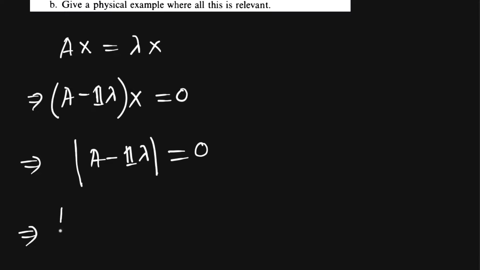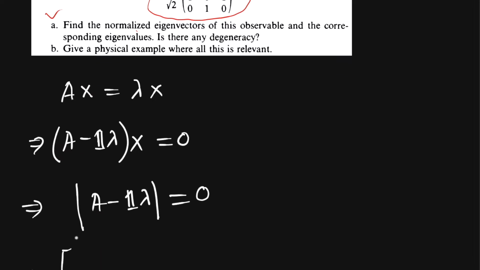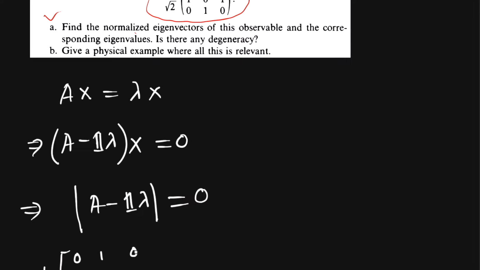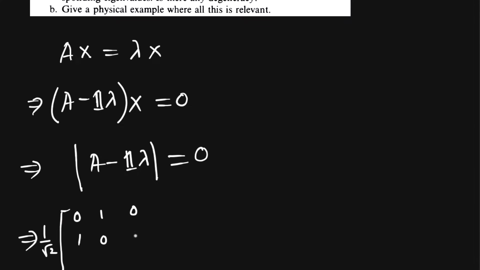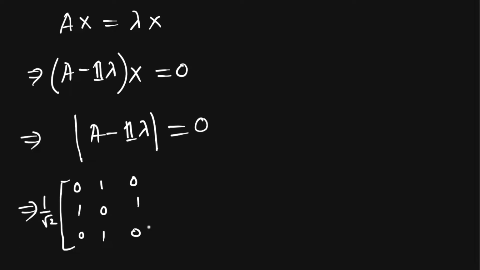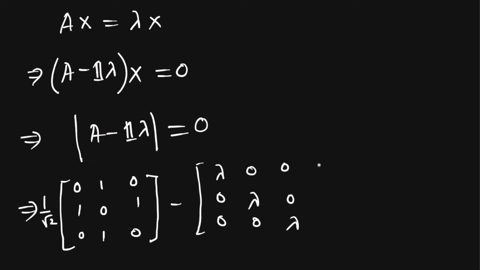Here the matrix is 1 by root 2 times 0 1 0, 1 0 1, 0 1 0, minus lambda 0 0, 0 lambda 0, 0 0 lambda. Its determinant will be 0.